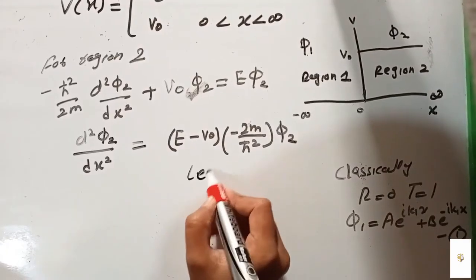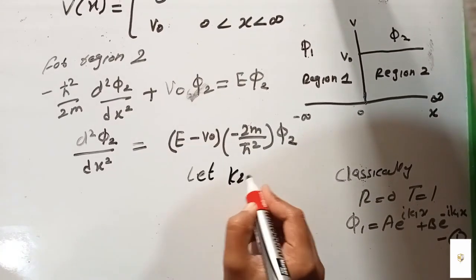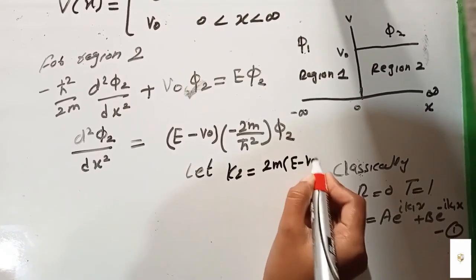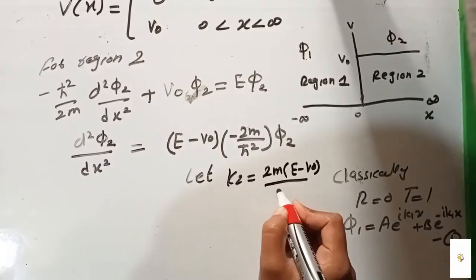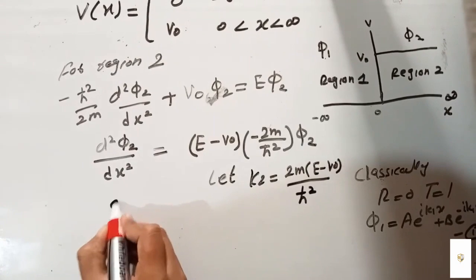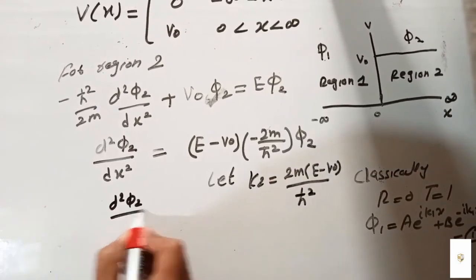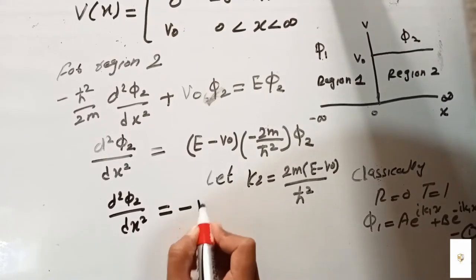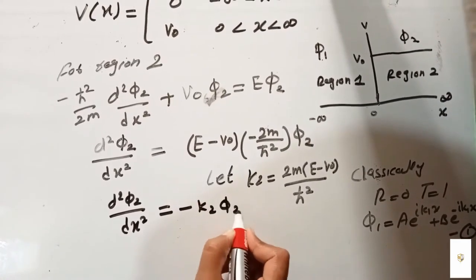Now let k2 square be equal to 2m (E minus V0) over h cut square. So this equation becomes d square phi 2 over dx square is equal to minus k2 square phi 2.